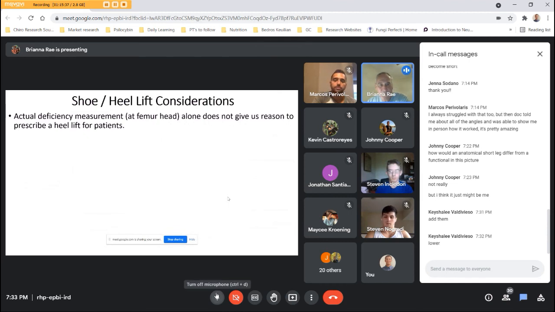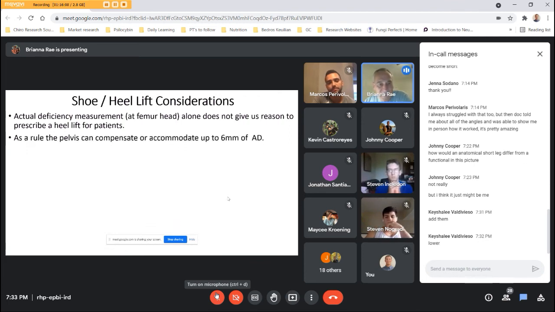So what are shoe and heel lift considerations? Just remember, it's a big deal to the patient. And especially down here in Florida, I would think if you're going to do that with a patient, you might want to do it through foot levelers with sandals, because people don't like to wear shoes down here. So it's pretty hard to have a heel lift in a sandal where they can just build it right into the sandal.